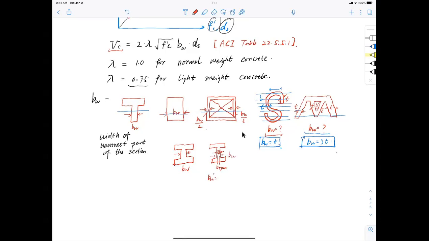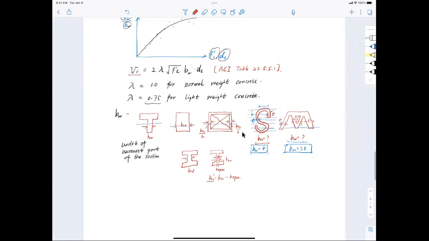Let's just call it BW prime, so BW minus B open. And use that as your BW, okay? Always has to be the narrowest section, okay? Good.